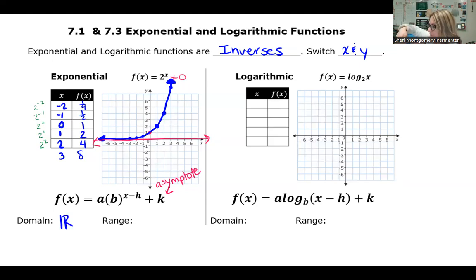Does it go down forever? No, there is an asymptote. It stops my graph. It says your graph can get really close to 0, but it's never actually going to touch. So you use the asymptote to help you figure out your range. So it says that my graph is above 0. So we're going to say y is above 0. You can never touch 0, so you cannot put the equal to. These graphs are not equal to, it's just greater than.